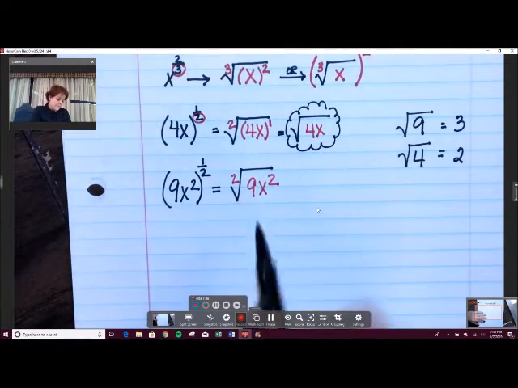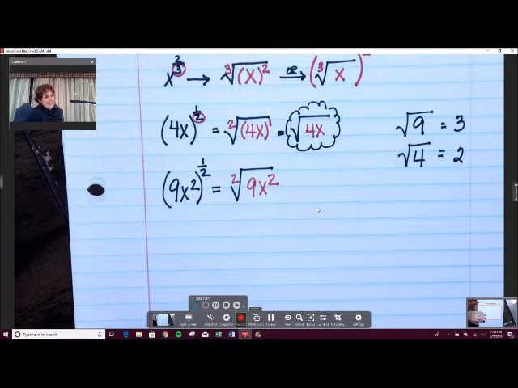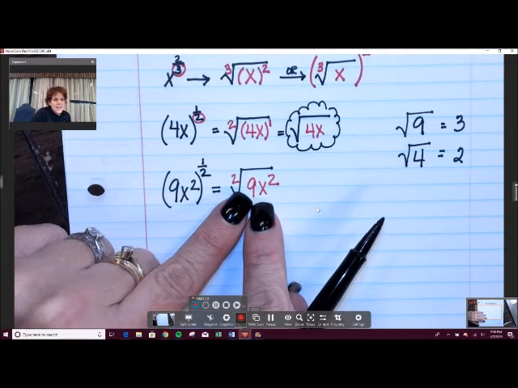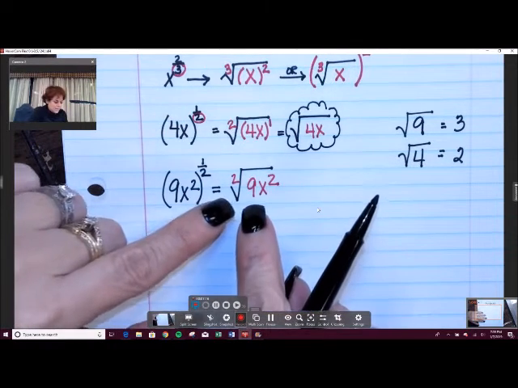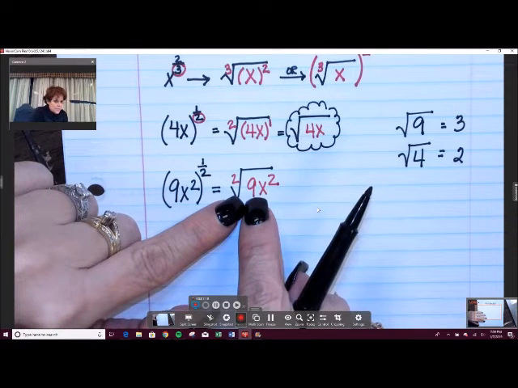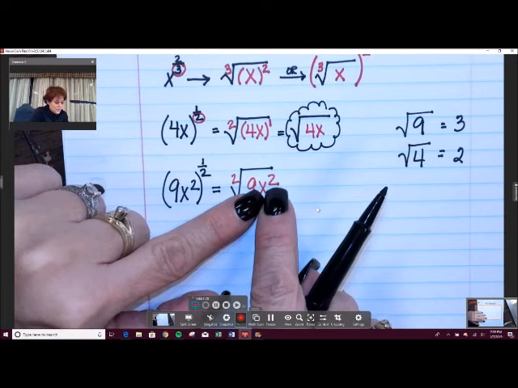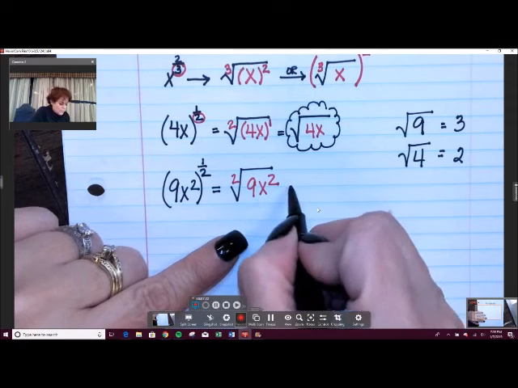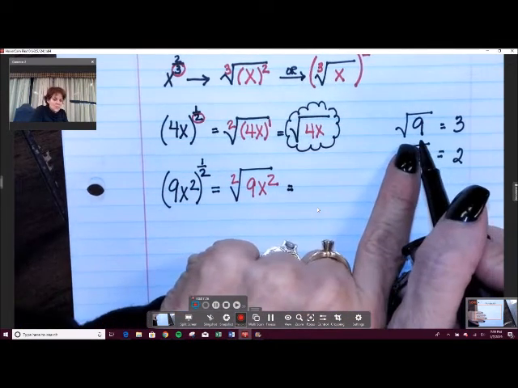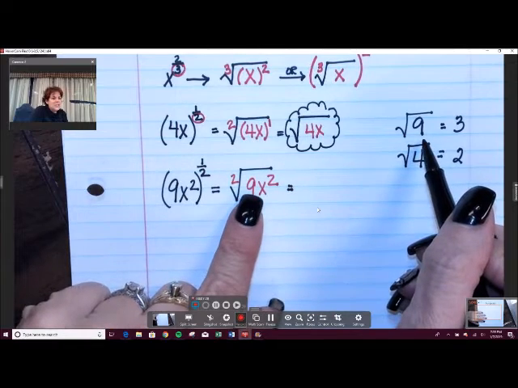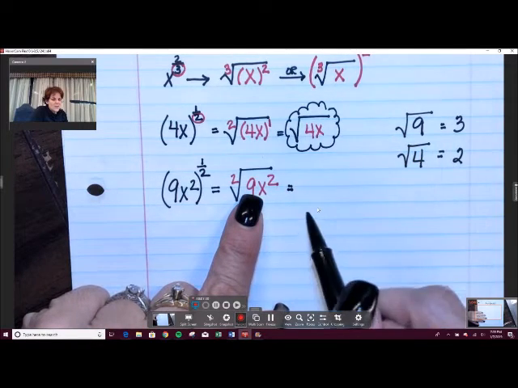Okay, now here's where it's going to get a little tricky. I'm going to take this and break it up. I need to think of it as 2 separate things: the square root of 9 and the square root of x squared. Let's think about this. If I just had a 9 under there, what is the square root of 9?